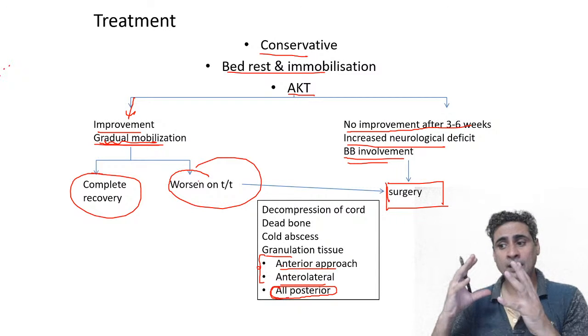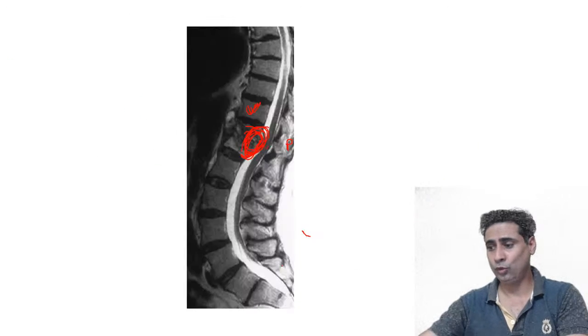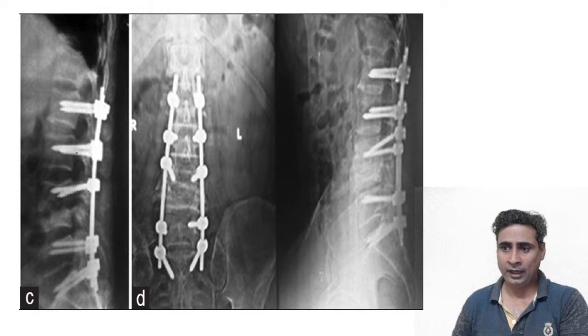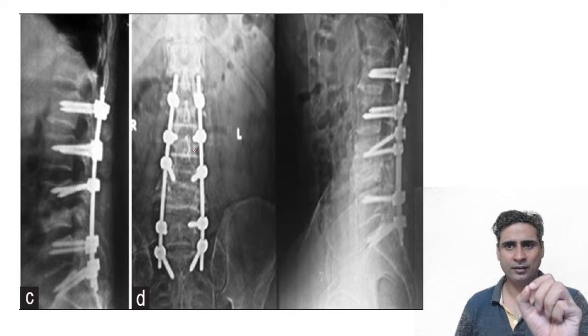Nowadays only the all posterior approach is used, where we go anteriorly through the pedicle and we decompress the cord, and then posteriorly to stabilize the spine, we fix it with these screws and rods, Moss Miami system. Okay, pedicular screw.